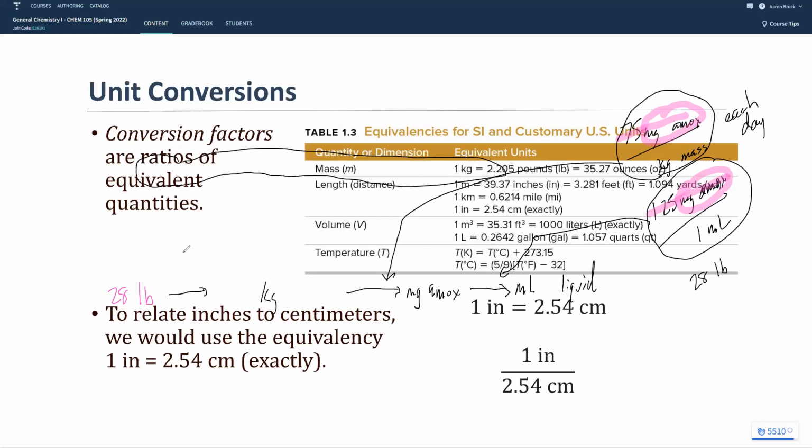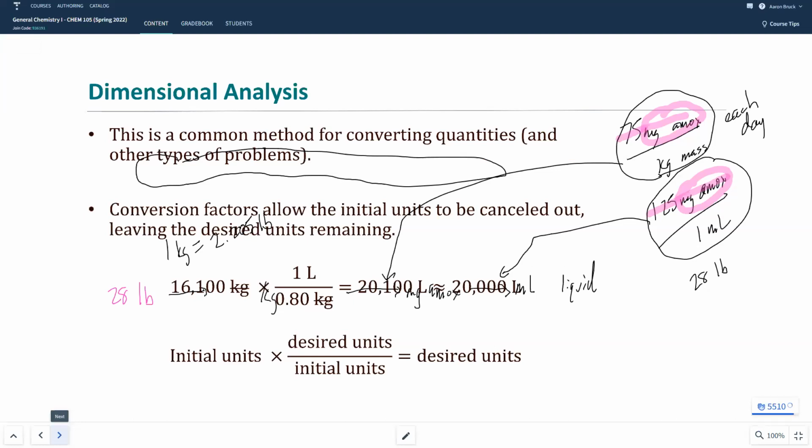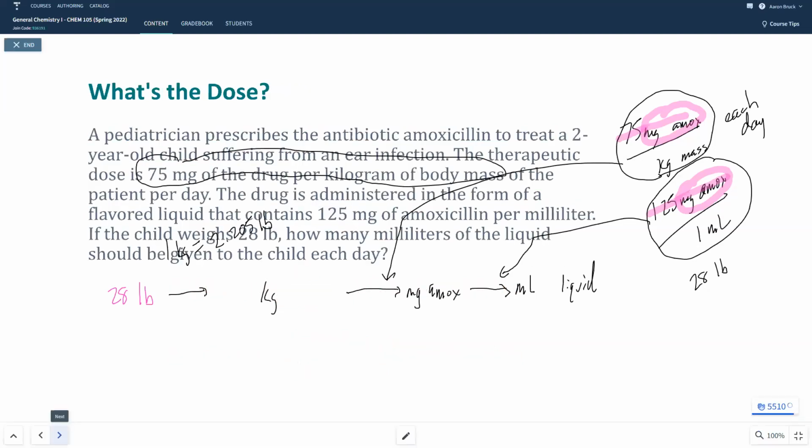So using that, 1 kilogram is equal to 2.205 pounds. With that conversion table in hand, now I can start to link it all together.